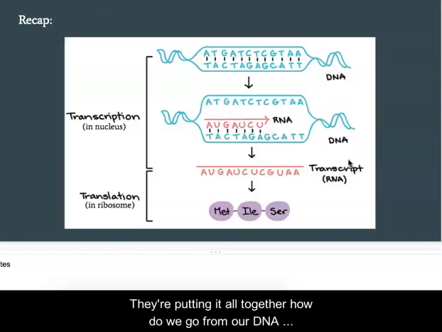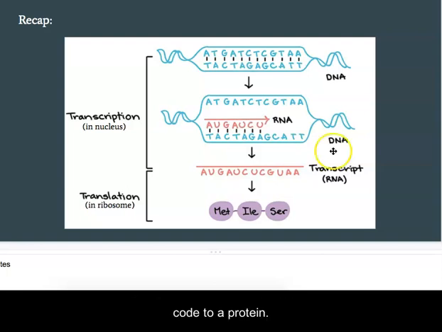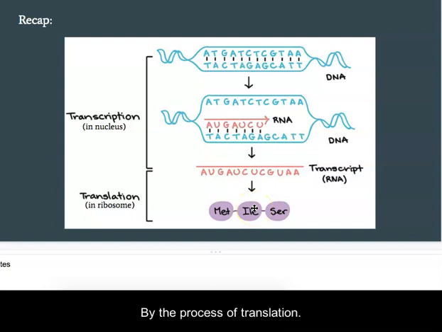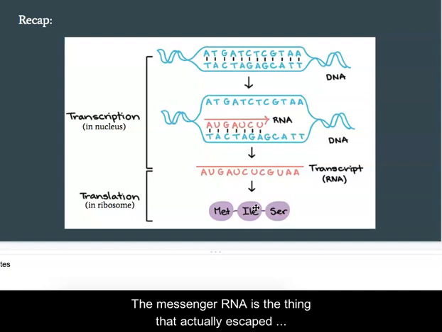Okay, so putting it all together, how do we go from our DNA code to a protein? We start with DNA, and then we copy or transcribe an mRNA message, and then we translate it into the language of proteins by the process of translation. And the messenger RNA is the thing that actually escapes the nucleus and goes to the ribosome to make the proteins.